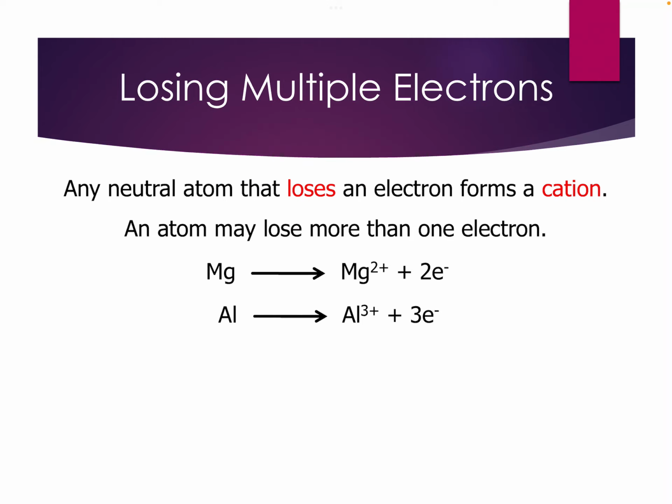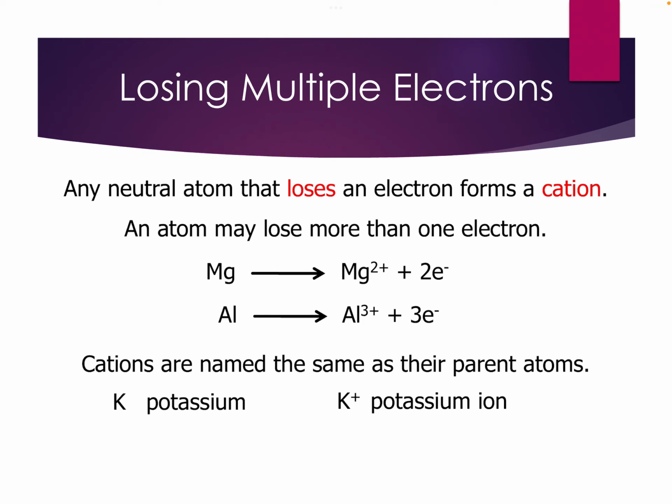If you look at magnesium, magnesium has 2 valence electrons. So when it makes a cation, it loses both of those valence electrons, and then it will form a 2+. If you look at aluminum, aluminum has 3 valence electrons. So when it forms a cation, it loses all 3 of those to form a 3+. Okay, so the number of electrons these atoms will lose is actually based on the number of valence electrons it has. And we'll talk more about that in just a little bit.